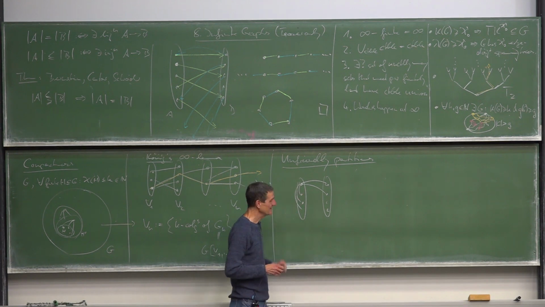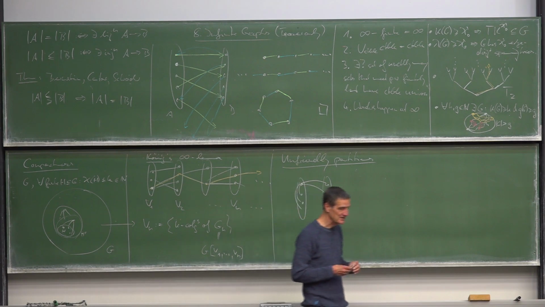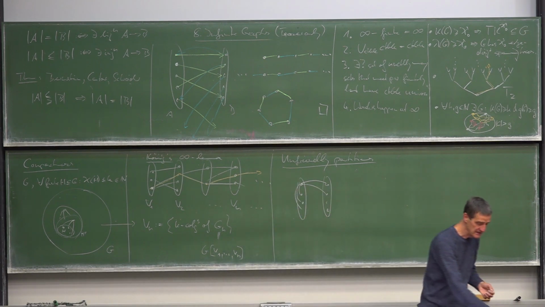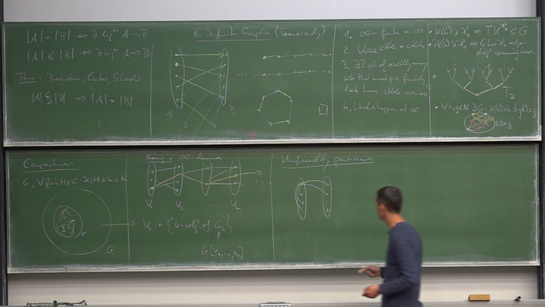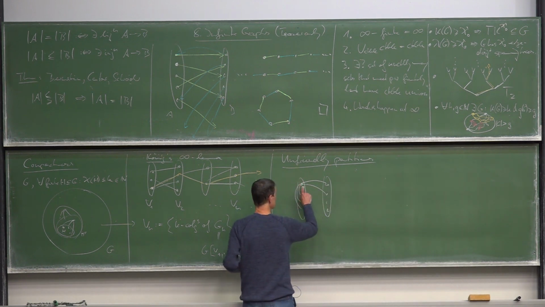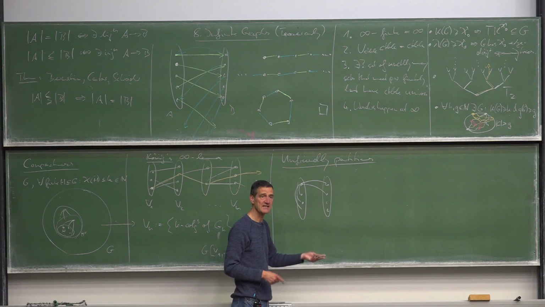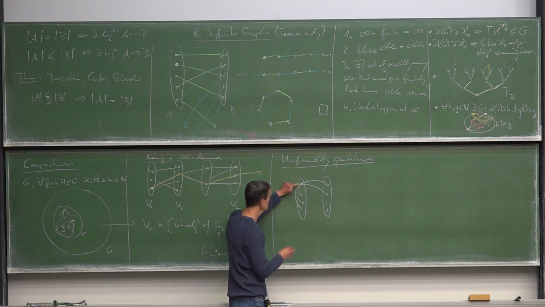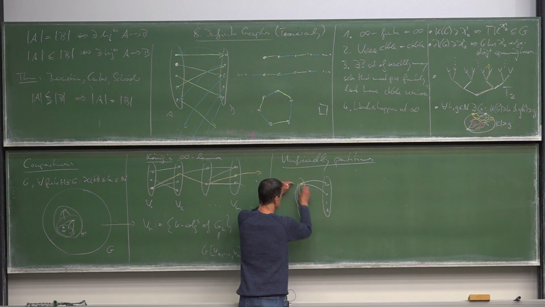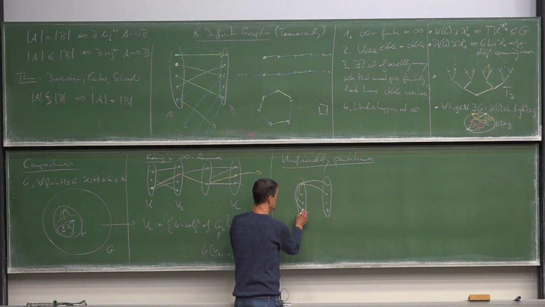So does every graph have such a partition where every vertex has at least as many neighbors in the opposite class as in its own class? Well, look at a vertex here that has fewer neighbors in the opposite class than in its own class. Just move it across.